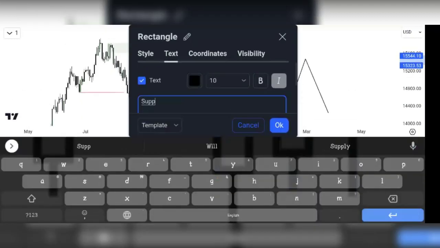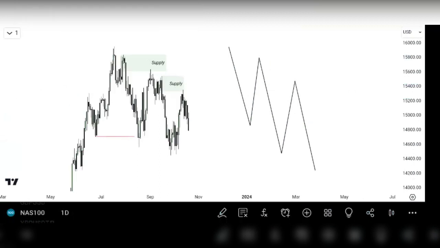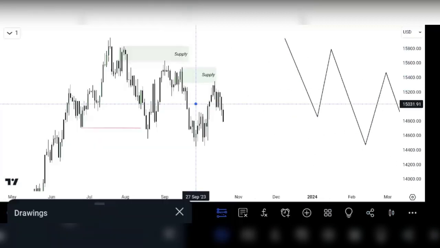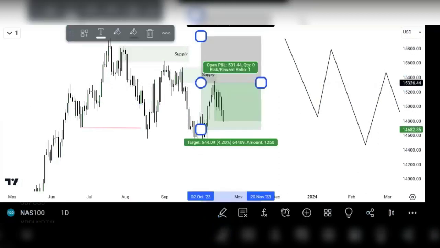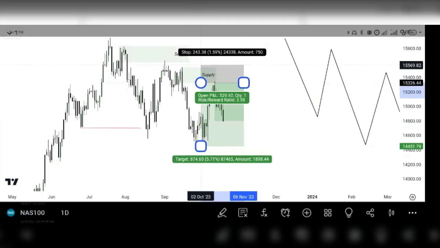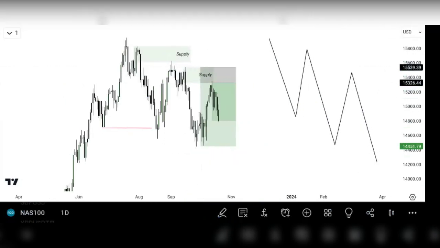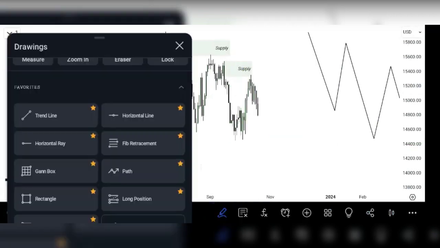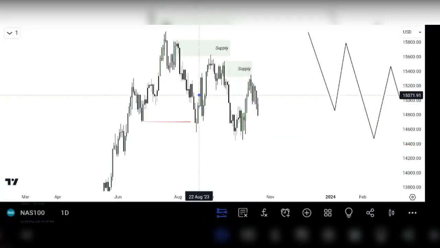And it's as simple as that, combining market structure and supply. So if someone was looking to sell, then we sell from here and we take our profits from this point. Very simple, and that is how we trade. If someone was looking to sell from the first supply, after price broke this point, you wait for price to start reversing towards your base, the points that pushed down to break structure.